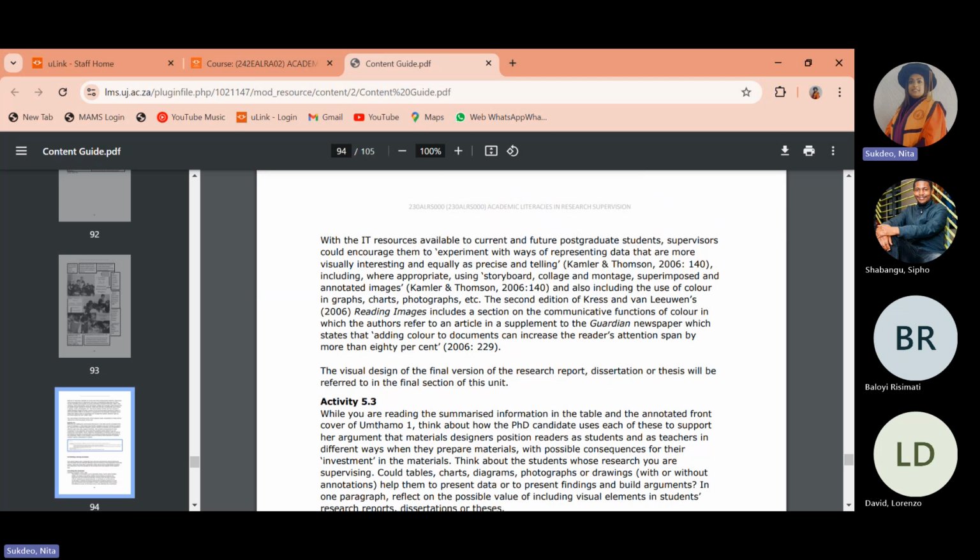I'm sure you've come across students who just take pictures and put them in. But did you know, as a supervisor, that your students are not supposed to just copy and paste even an image? We're all guilty of doing it, but we're not supposed to. If I get the website, I will share it via email so that you know you need to get permission to use the image and then use it in your research report, whether it's even a publication.